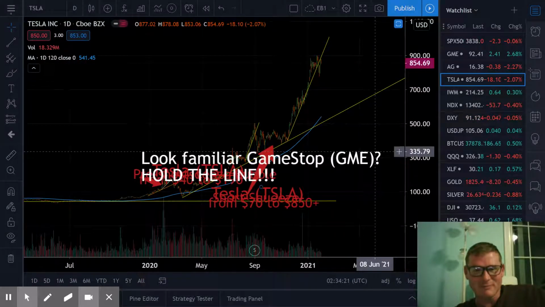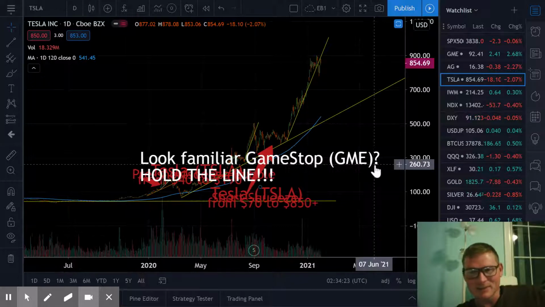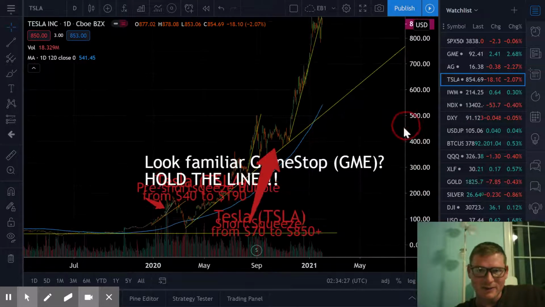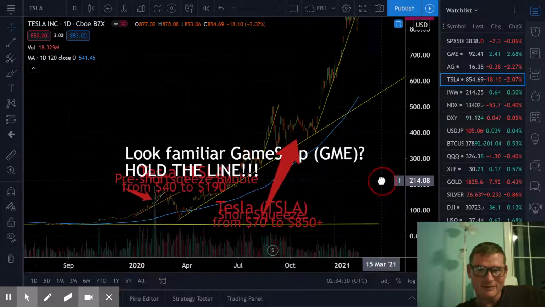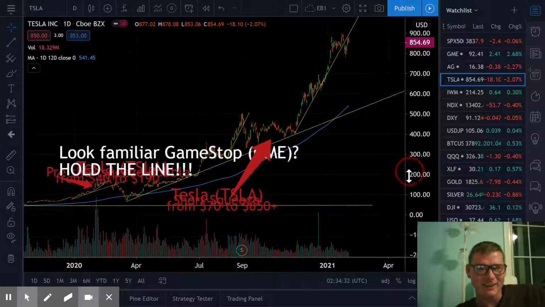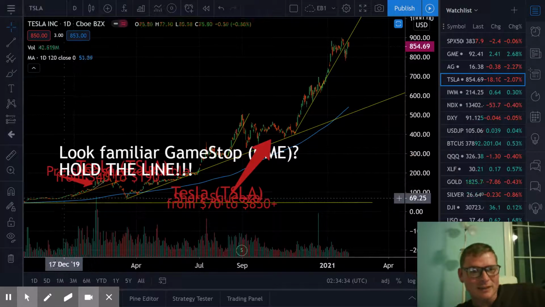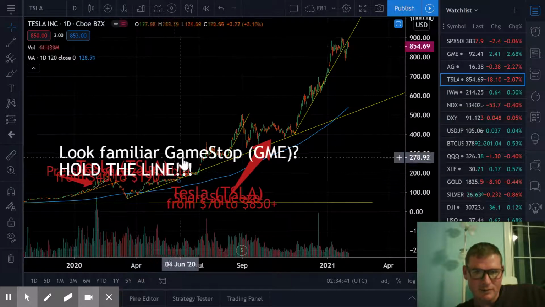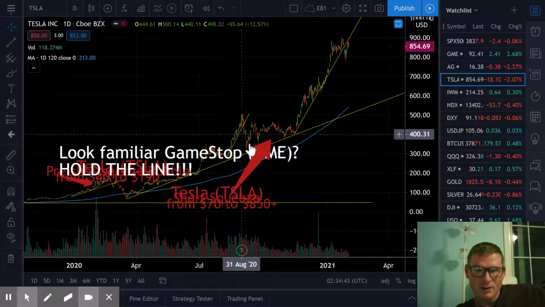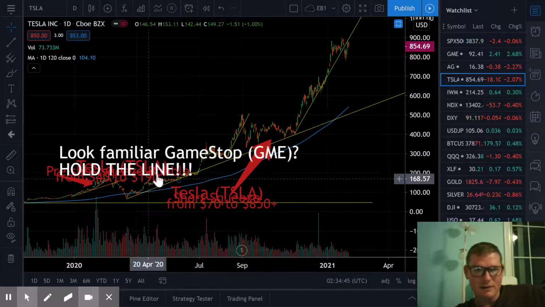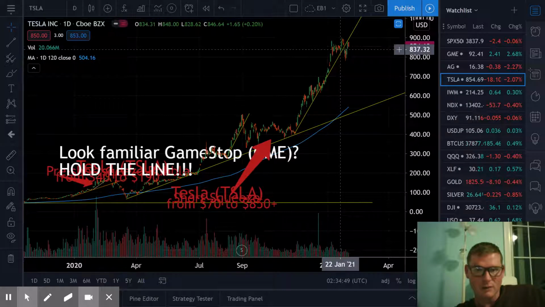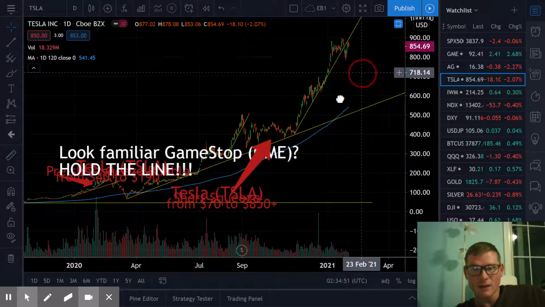I was just comparing the Tesla chart to the GameStop chart, and so those words are not helpful all over the screen. But yeah, for Tesla, we had the little early bubble before the short squeeze, and then we had this trend line here, which is the basic squeeze trend line, and now we just shot parabolic up here.